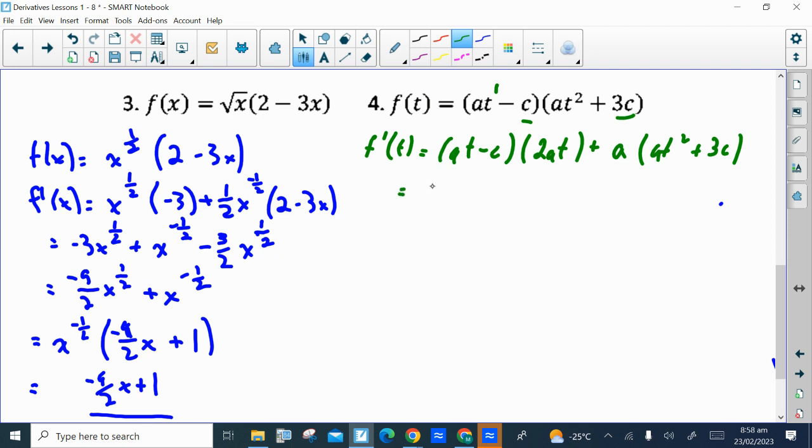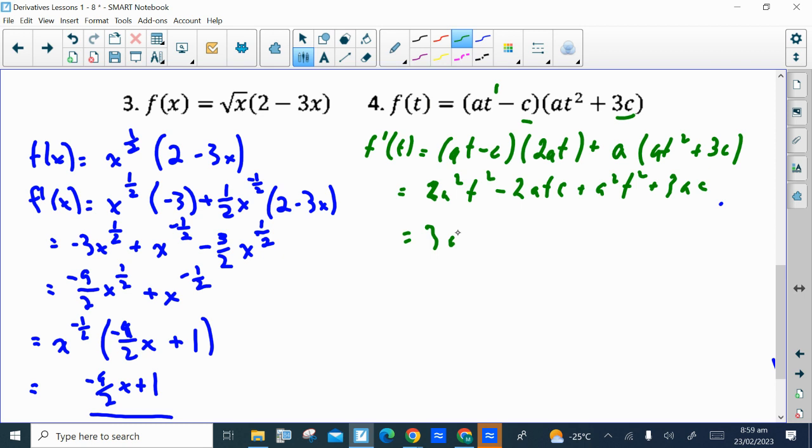So this is going to give us 2a squared t squared minus 2atc plus a squared t squared plus 3ac. And we have one set of like terms here, the 2a squared t squared and the plus a squared t squared can be combined.